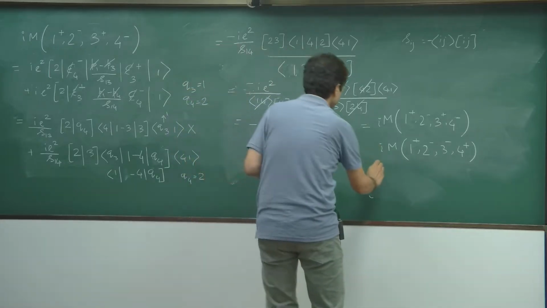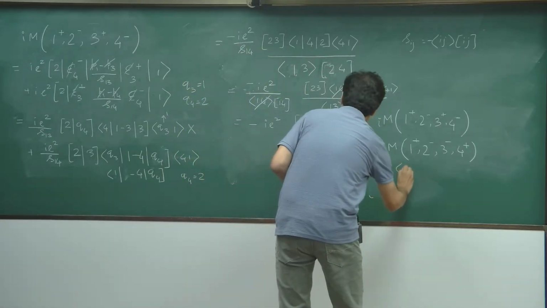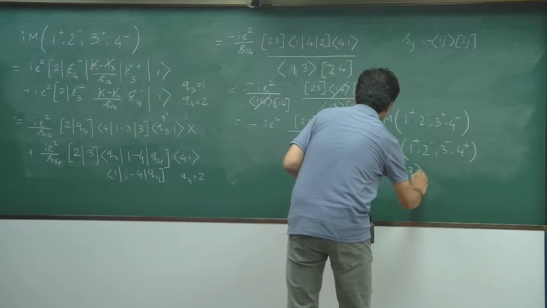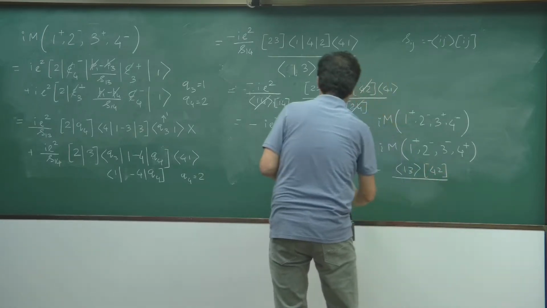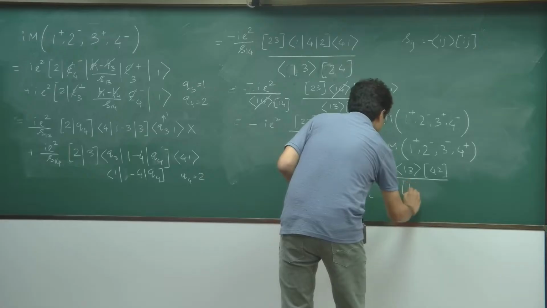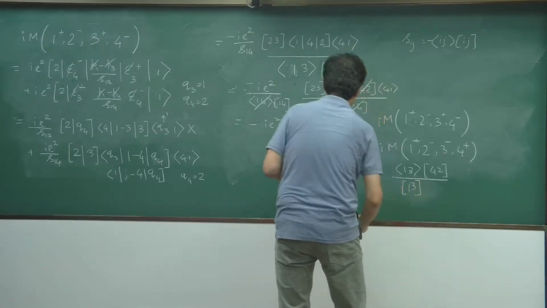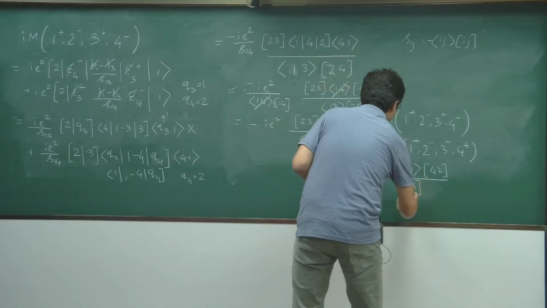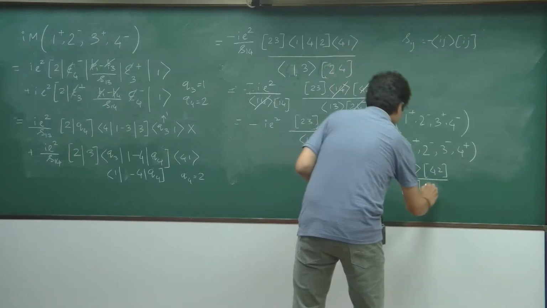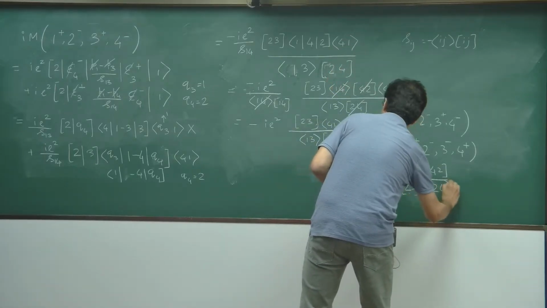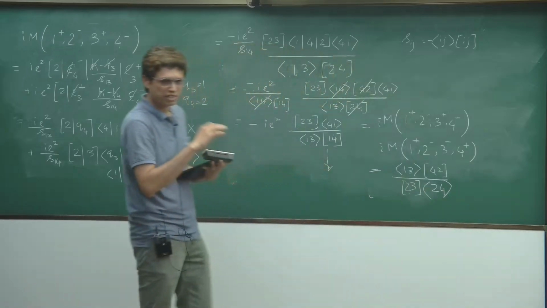So this expression will be 1 3 4 2 divided by, sorry, 2 3 2 4. Okay, do you get it?